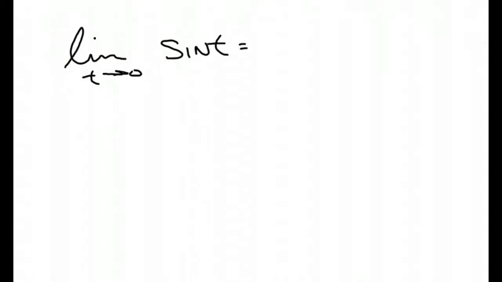As t approaches 0, the sine of t will become the sine of 0, and the sine of 0 is 0. Okay? So we're going to do the same thing with the cosine of t. The limit as t goes to 0 of the cosine of t is 1, just because if you put a 0 in here for t, you're going to get 1.